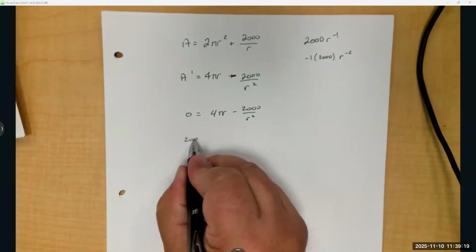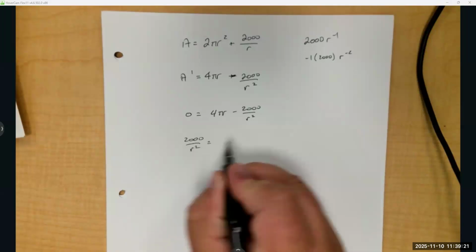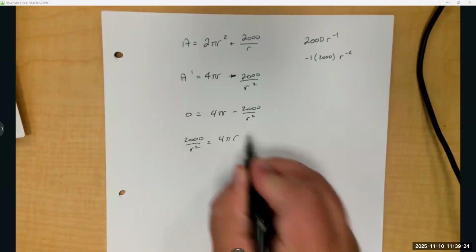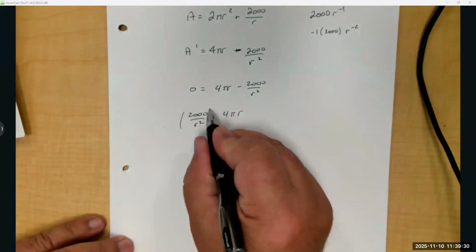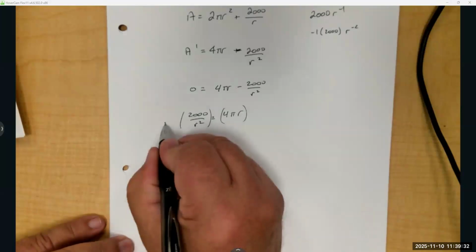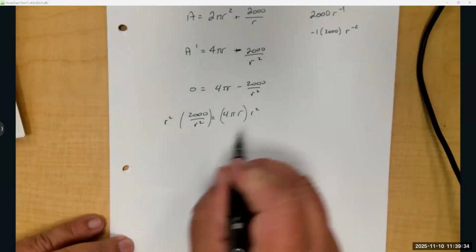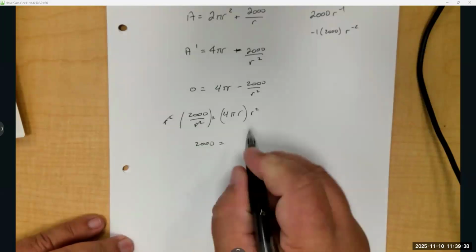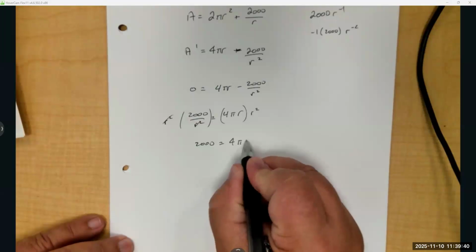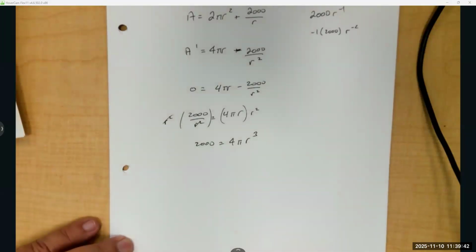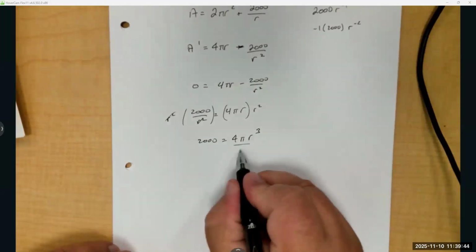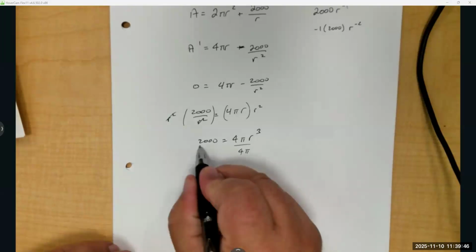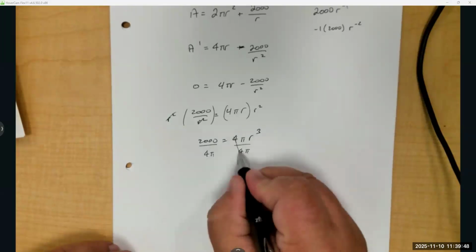So we get 2,000 over r squared equals 4 pi r. We're solving for r. Multiply both sides by r squared. R cubed divided by 4 pi.